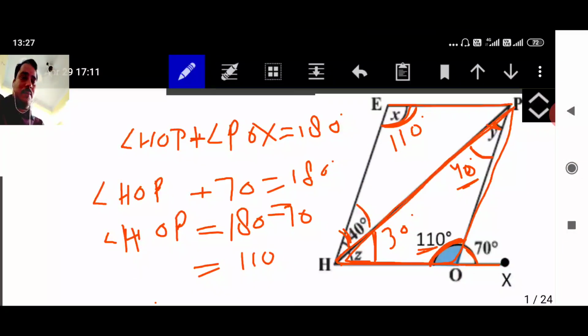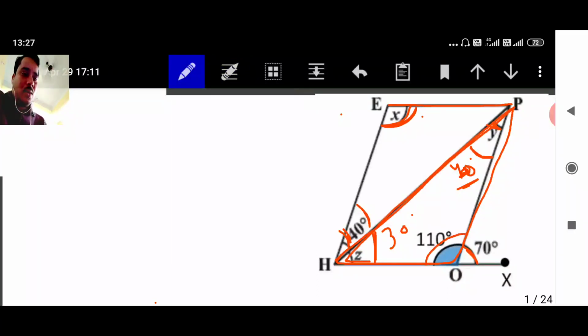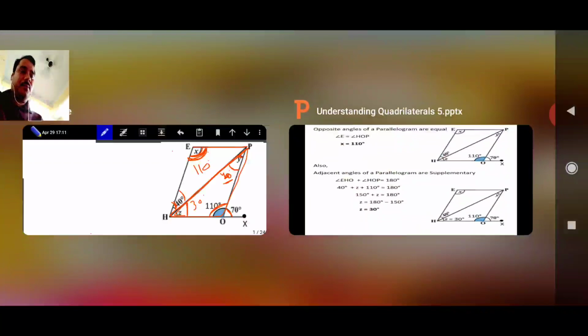You can see here this angle 110 and this angle x are opposite angles of a parallelogram. So angle x will be 110 degrees.